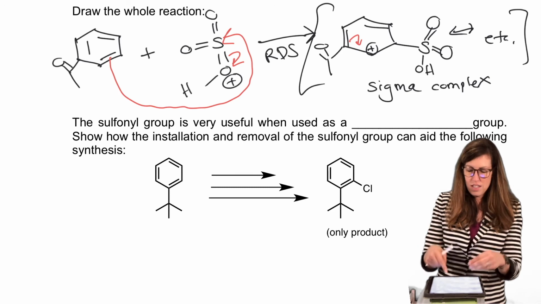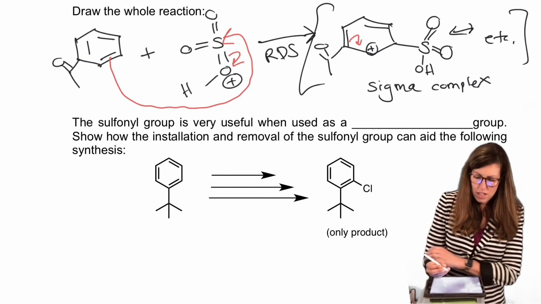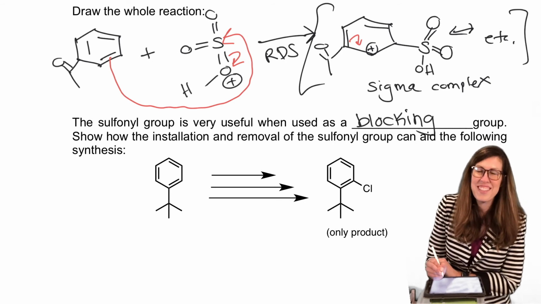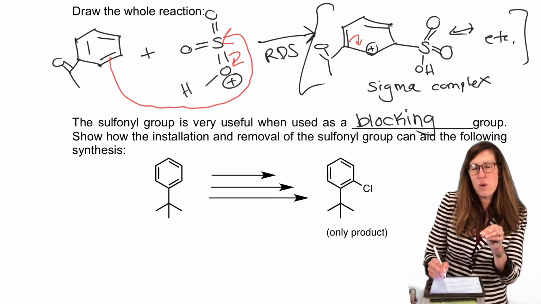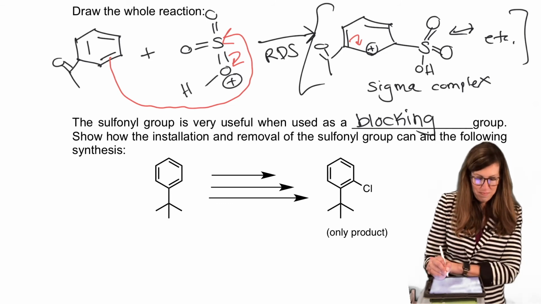And sulfonyl group is kind of a key player sometimes. It can actually be used as a blocking group. So we might not actually want a sulfonyl in the end. We just might want to block a spot. Why is the sulfonyl group a blocking group? It's reversible. It's a reversible reaction.